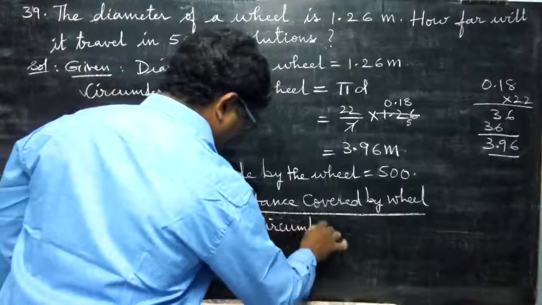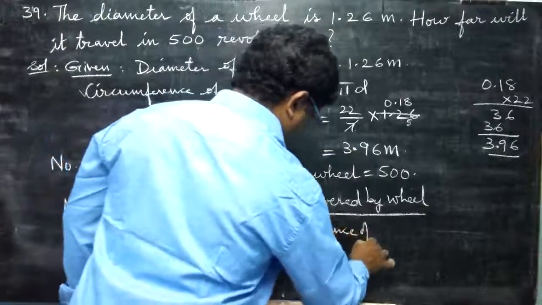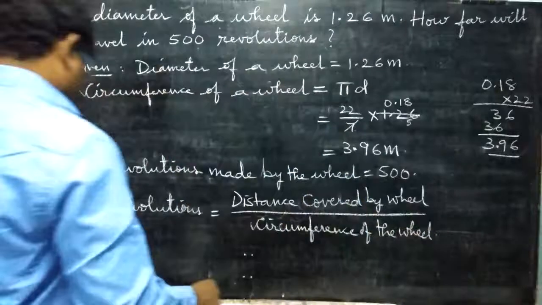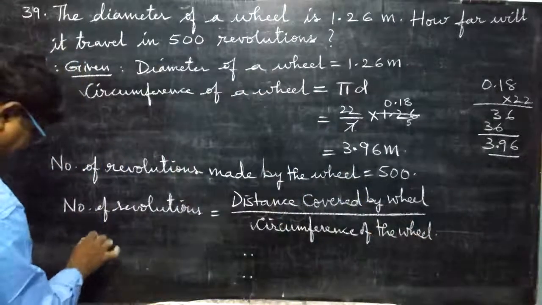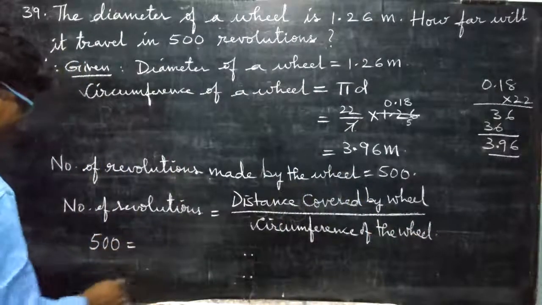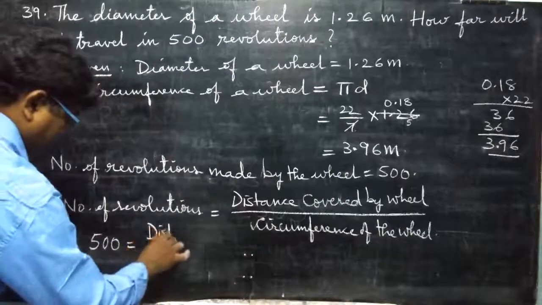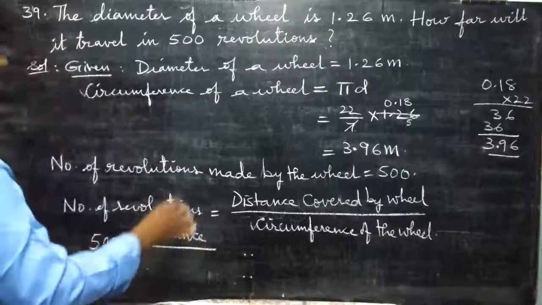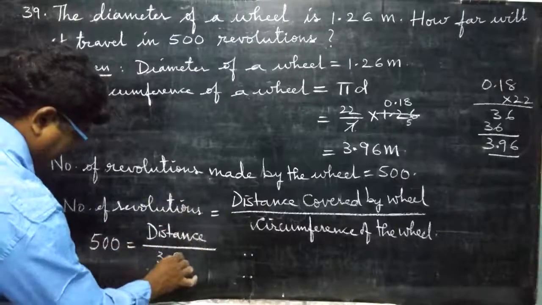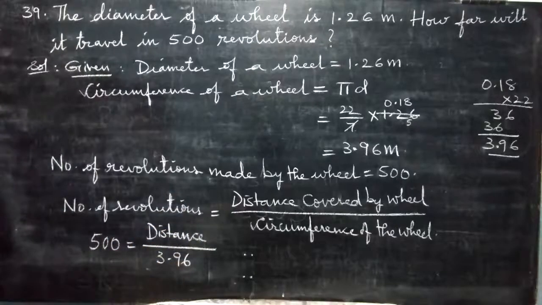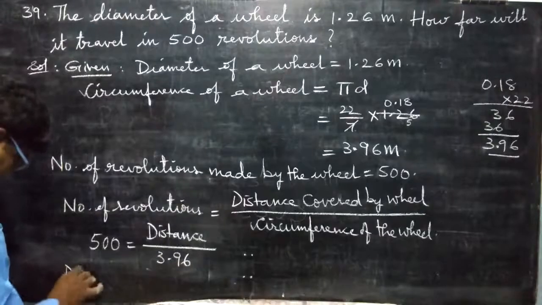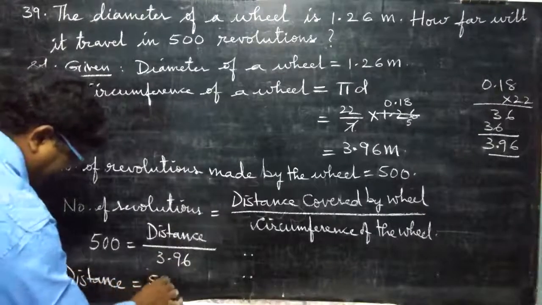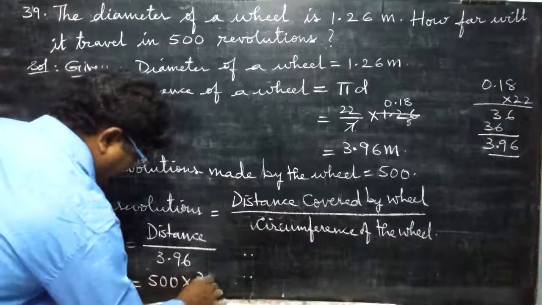Now the number of revolutions is 500. 500 is equal to distance, we don't know. We are going to find how far, that means distance, and circumference we got as 3.96. Now multiply. Distance is equal to cross multiplication. Distance is equal to 500 into 3.96.